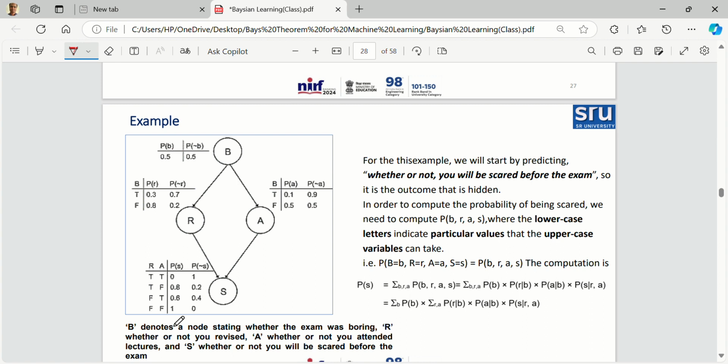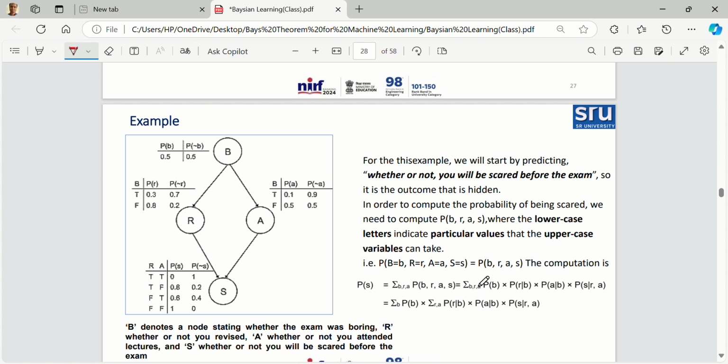Both false: the probability of S is 1, and the probability of not S is 0. So when both are true, you are not scared about the examination, so you can appear for the exam. So you can find the probability of B, R, S, where lowercase letters indicate particular values of the uppercase variables.